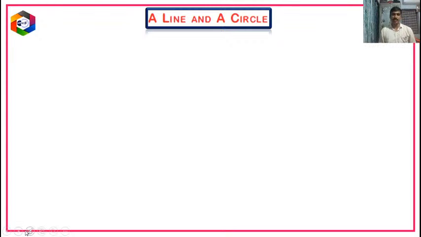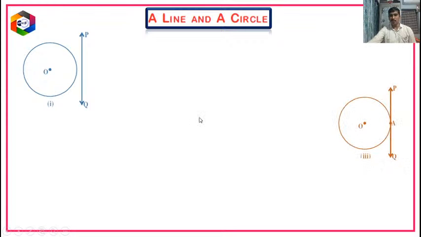Now what are the chances? Let us observe here. Here is a circle with center O and there is a line PQ, and this is one possibility. And observe here, here is a circle with center O and PQ is the line, and here again is a circle and PQ is the line.